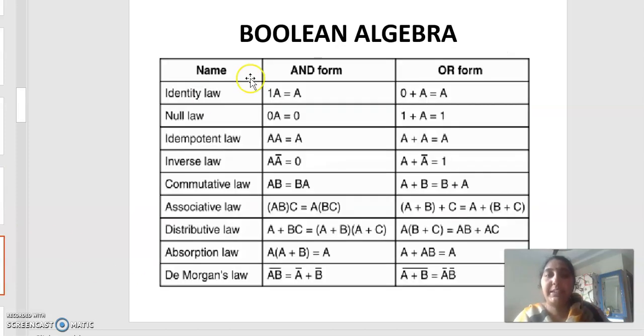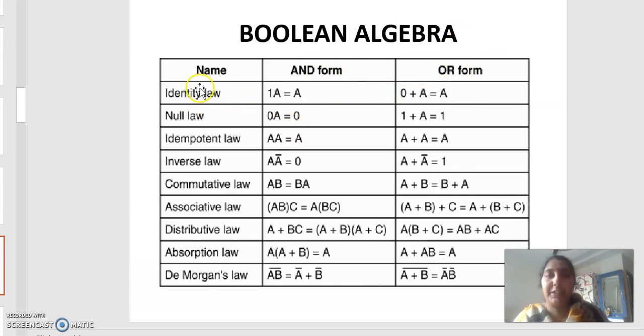Now, we'll discuss the Boolean algebra laws, which are very, very important for your exams. The first one is the identity law. Before that, remember that the Boolean algebra laws can be written both for the AND form and OR form.